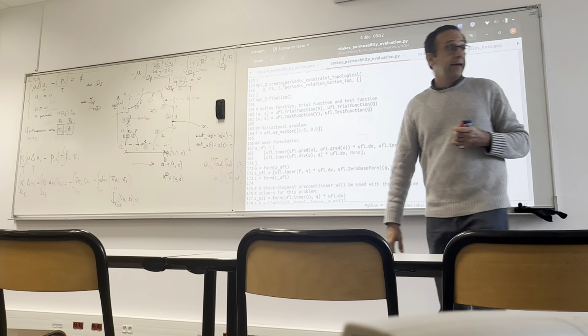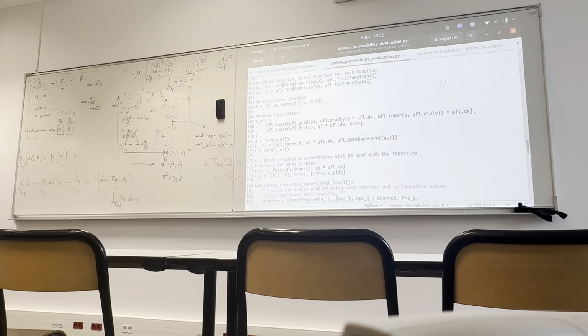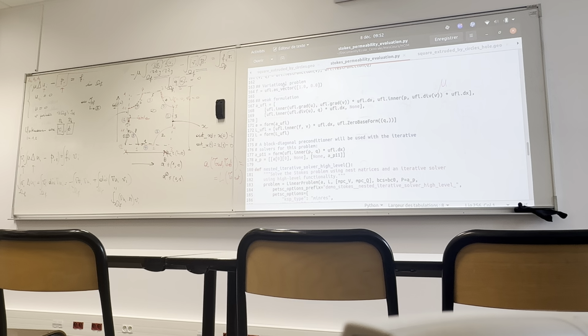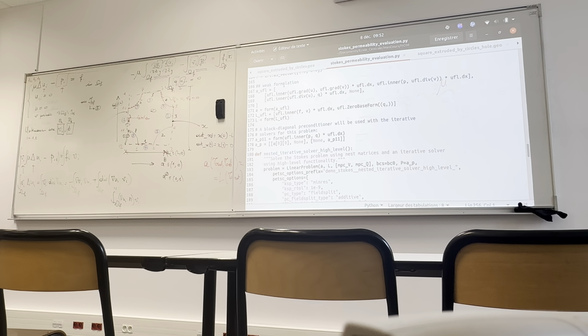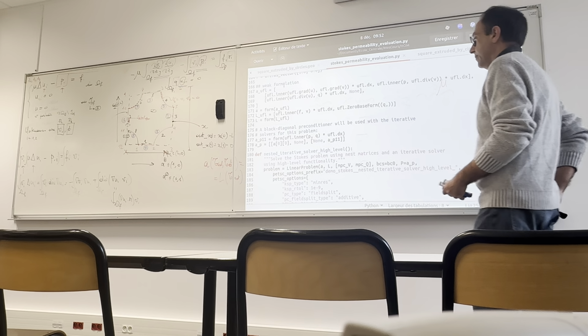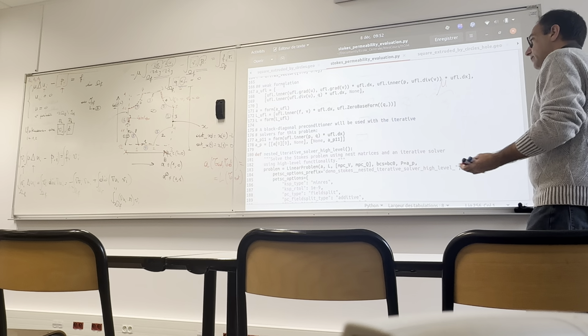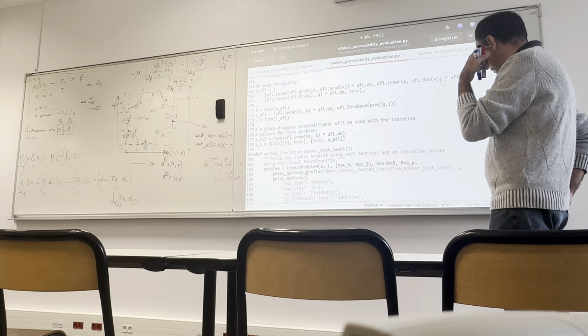So this is the way in which we have defined the weak formulation with this force. Then here there is just a preconditioner that is introduced, that is useful but not fundamental from the point of view of developing the technique for solving. It's just to better catch the solution.